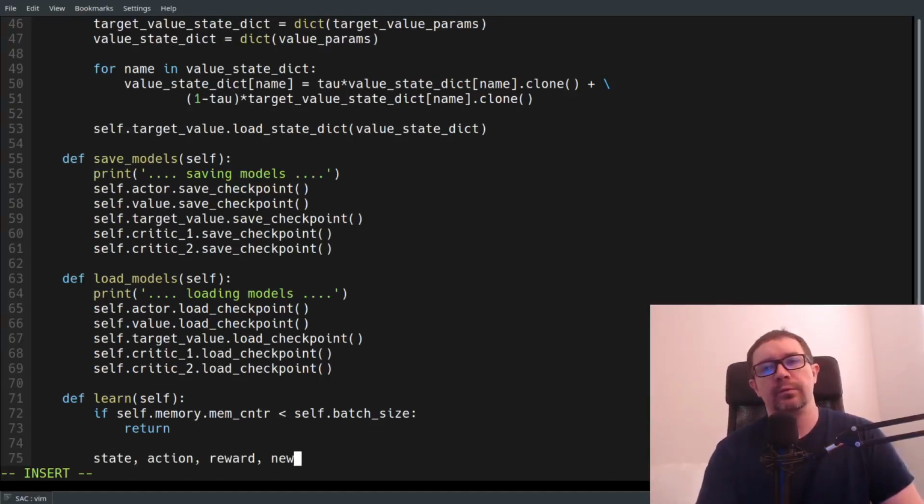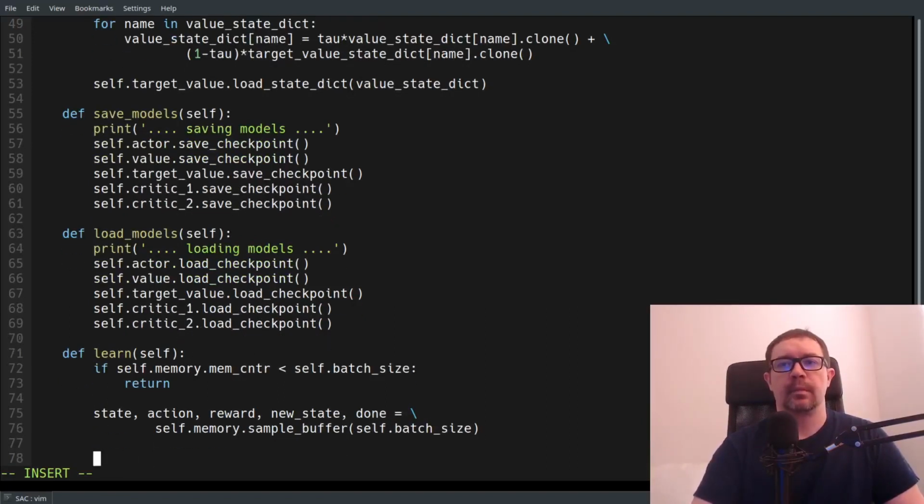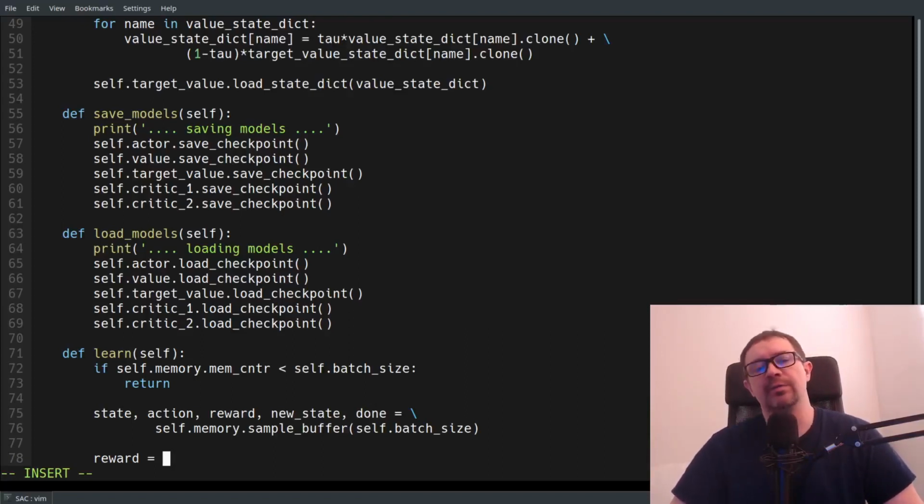The first thing we want to do is sample our buffer. And then transform those NumPy arrays into PyTorch tensors. Now you may ask, why don't I just handle this in the replay buffer class? And that's because I want the replay buffer to be framework agnostic. I want it to work with Keras, TensorFlow, and PyTorch.